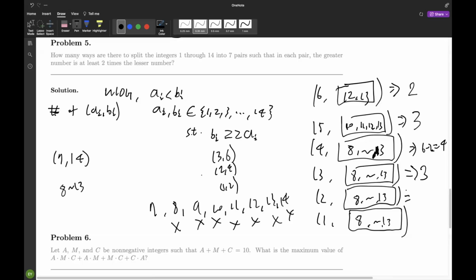The next one here, how many cases do we have? We have numbers in total, but we use one, two, three, and four. That means we have two numbers left, right? And this would be obviously one. So counting all the cases, we have 2 times 3 times 4 times 3 times 2 times 1.